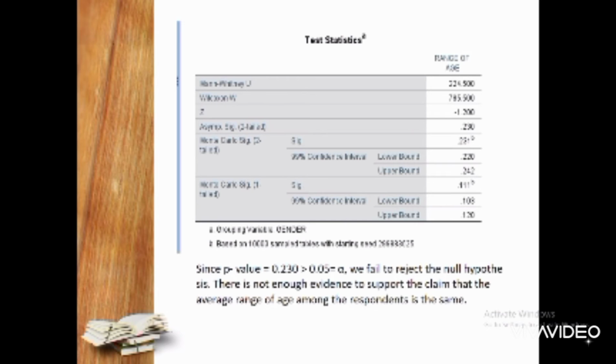And the conclusion, since p value equal to 0.230, which is greater than 0.05 equal to alpha, we fail to reject the null hypothesis. There is not enough evidence to support the claim that the average range of the age among the respondents is the same.